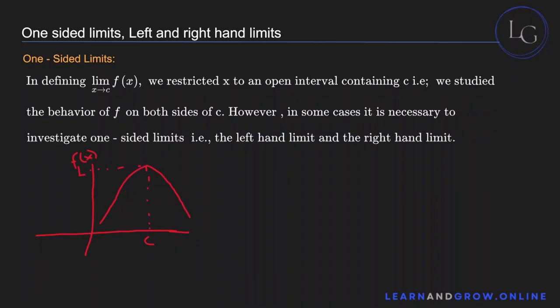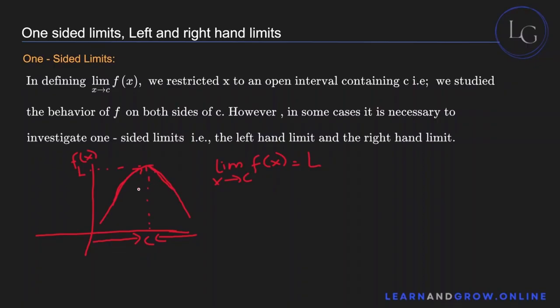So over here, when we say that the limit as x approaches C of f of x, which is this graph over here, is equal to L, that is true because if we approach C from both the left-hand side and the right-hand side, it approaches L from the left-hand side, and it approaches the same L from the right-hand side.